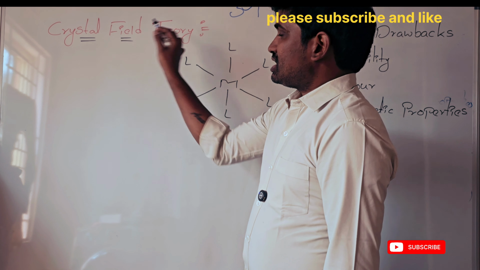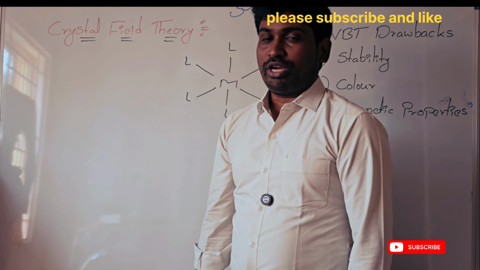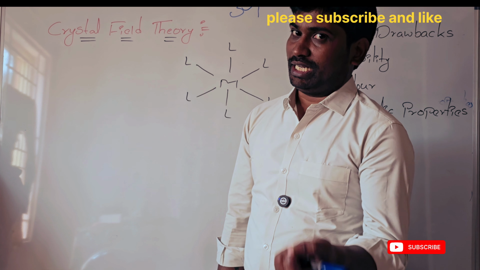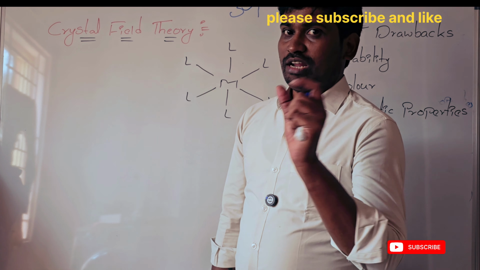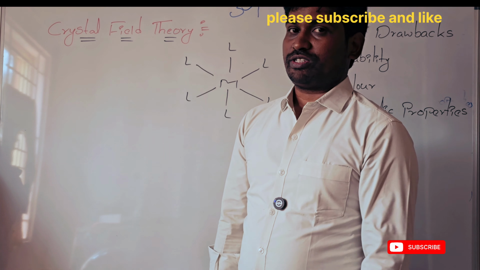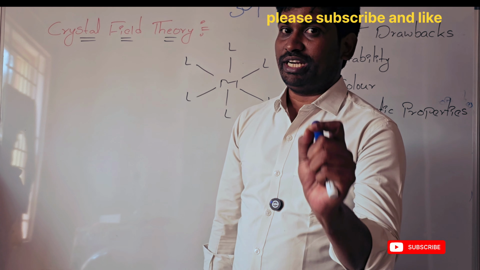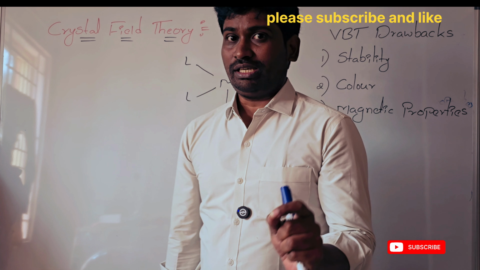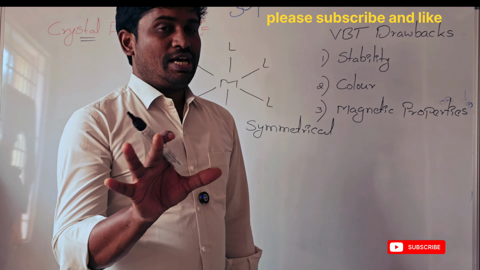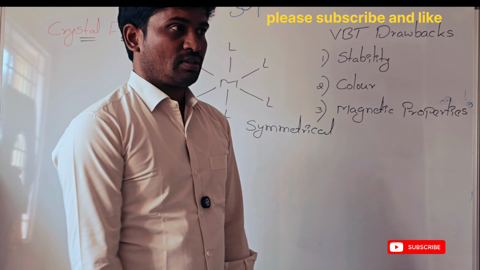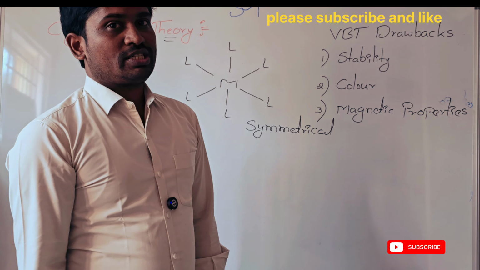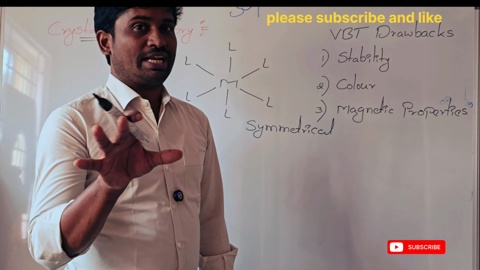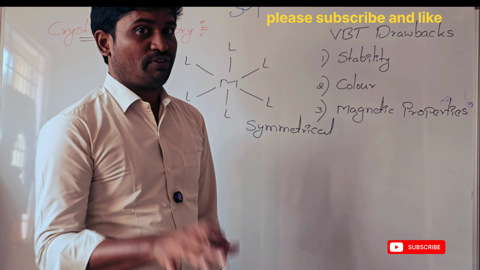Now look at what the crystal field theory says. Before going to the crystal field theory, you know that d orbitals are present in the valence shell of the metal. The d subshell has how many d orbitals?